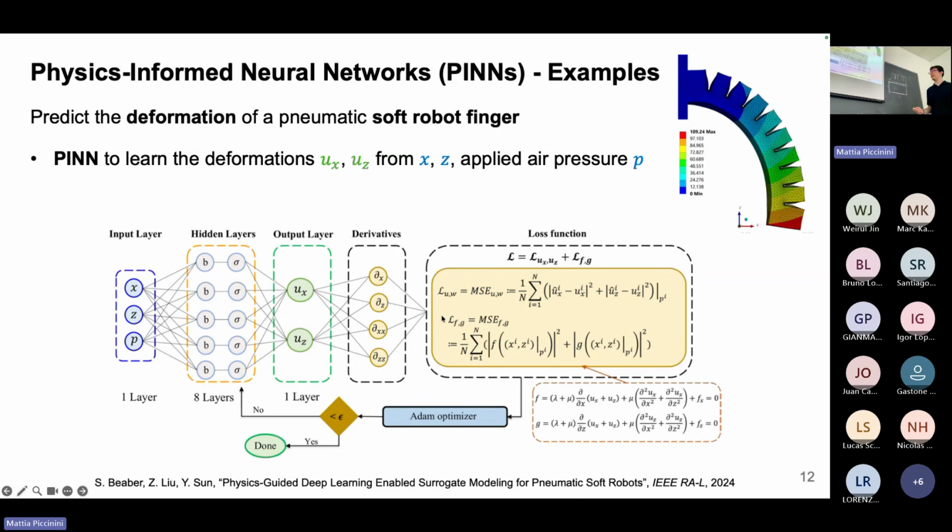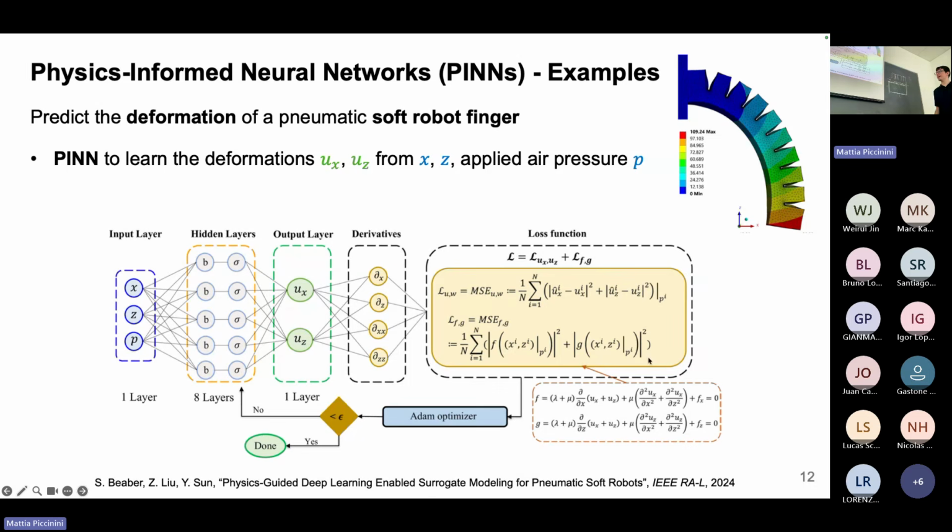The network computes ux, uz, and then you use this loss function, which we've seen before. You derive the network. I think it's clear. Of course, this process is given by the computation of the gradient backward, so you get the derivatives. We compute the derivatives with automatic differentiation once again, because we need to differentiate this neural network with respect to the inputs.